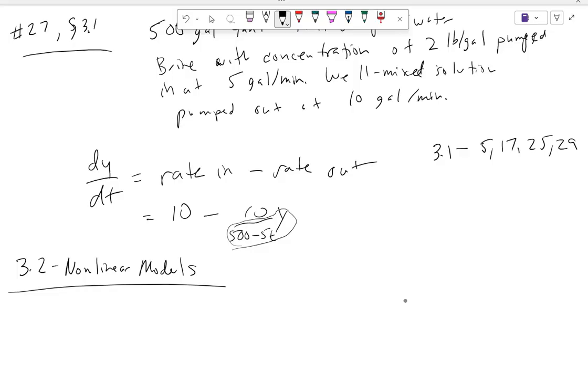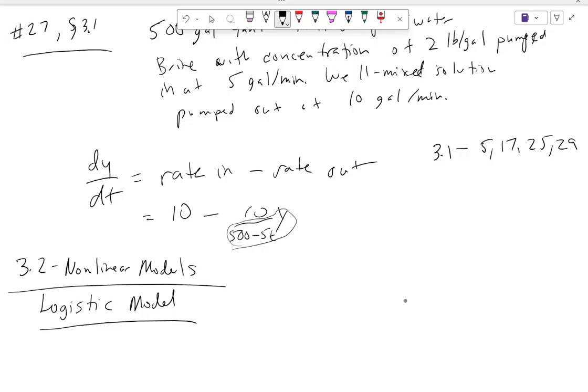Probably one of the more famous ones that you have is what's referred to as a logistic model, a logistic equation. This comes up in population dynamics.